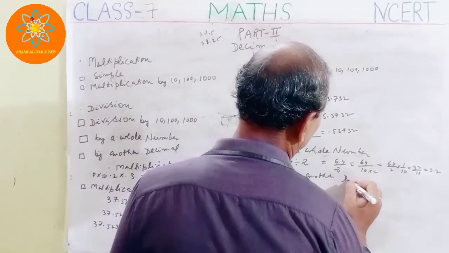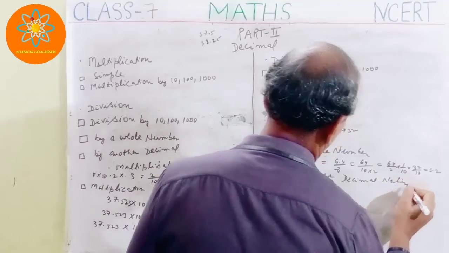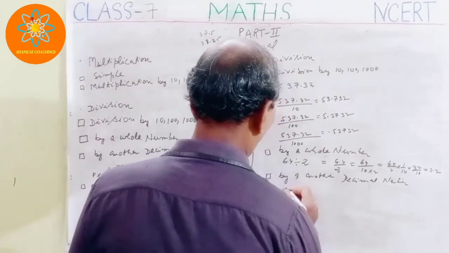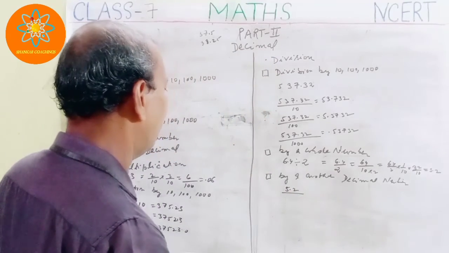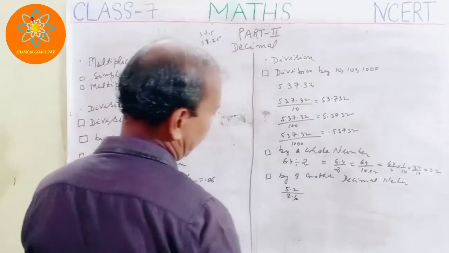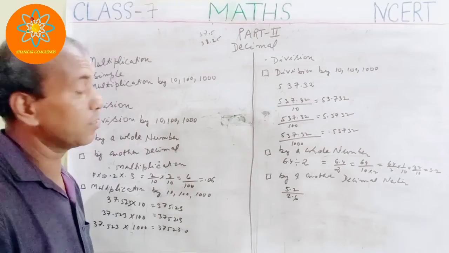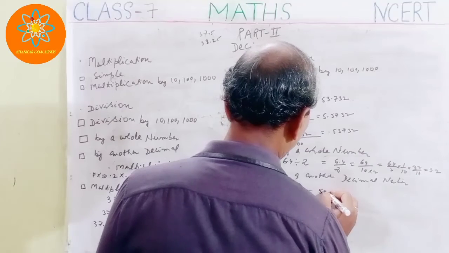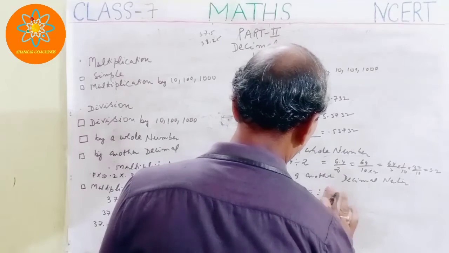Let's suppose I have 5.2 and I want to divide this by 2.6. So 5.2 is a decimal number and 2.6 is also a decimal number. I want to divide it. So how to divide it? This I can write as 5 by 2.